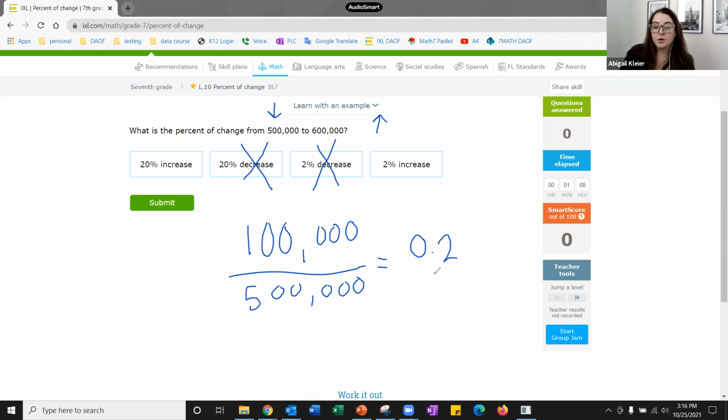Final step, I'm converting this decimal to a percent. Again, moving that decimal 2 spaces, 0.2 equals 20%. So the percent of change from 500,000 to 600,000 is a 20% increase.